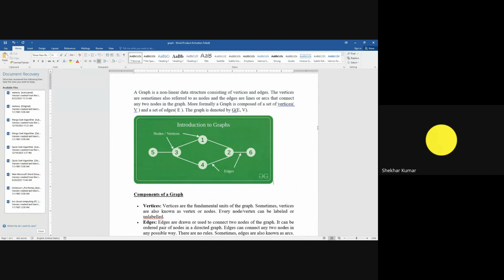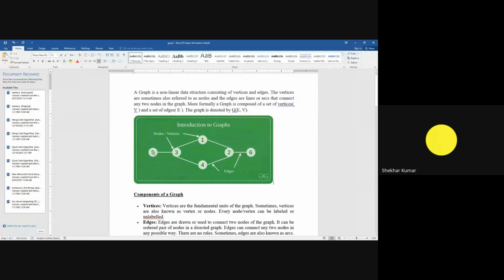So a graph is a non-linear data structure that consists of edges and vertices. In the graph, you can see that it consists of some lines and some circle-like structures.